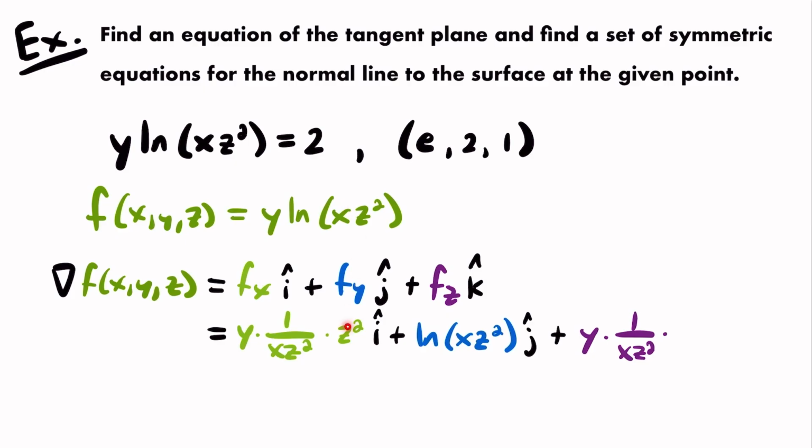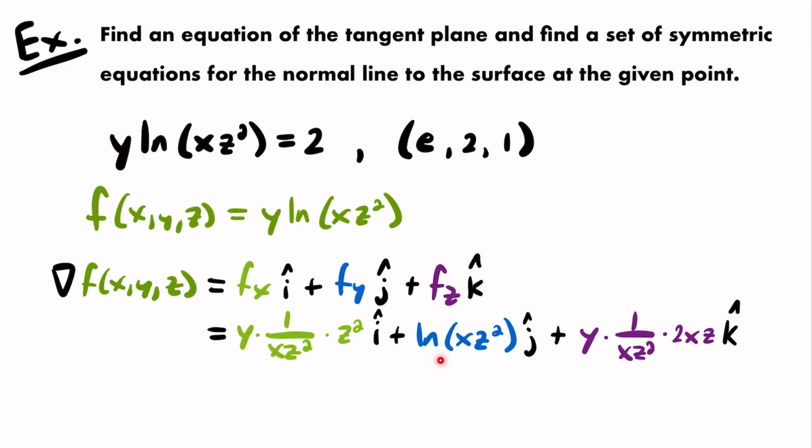So it's not going to be z squared like it was before, because that was with respect to x. Now it's going to be the derivative of x z squared with respect to z. And so x would just be a coefficient of z squared here. So don't remove that, just take the derivative of z squared: multiply that 2 down, subtract 1 from the exponent, and we get 2x times z to the first power. And don't forget that that is multiplied by k.